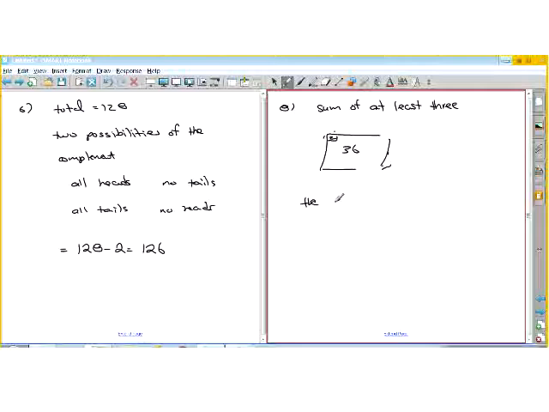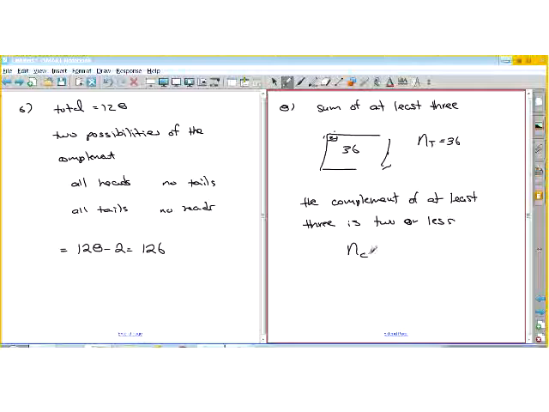So the complement of at least 3 is 2 or less. So the total number of possibilities is 36.